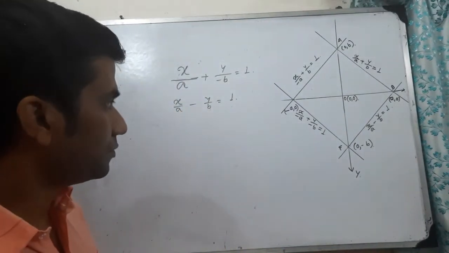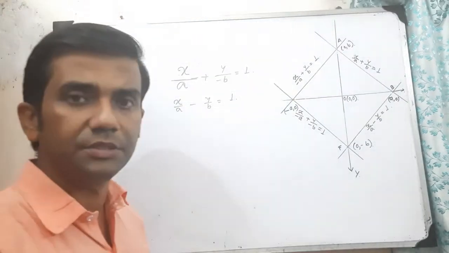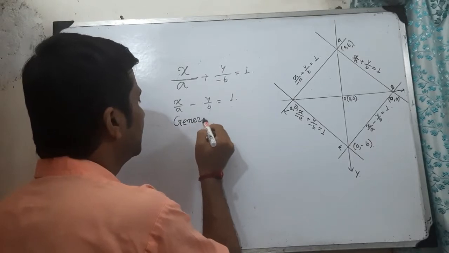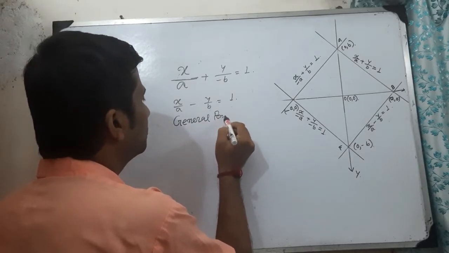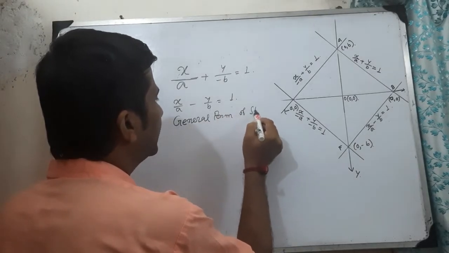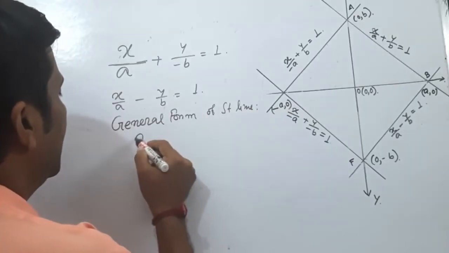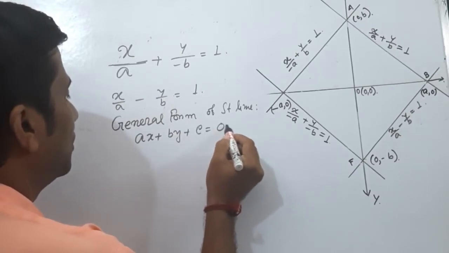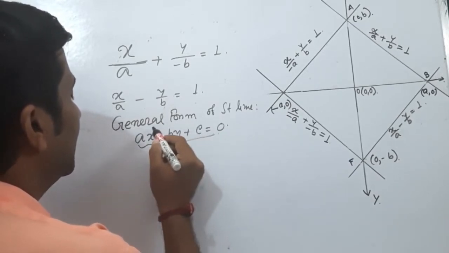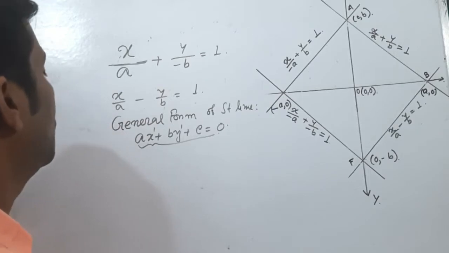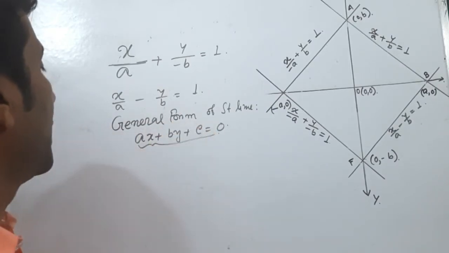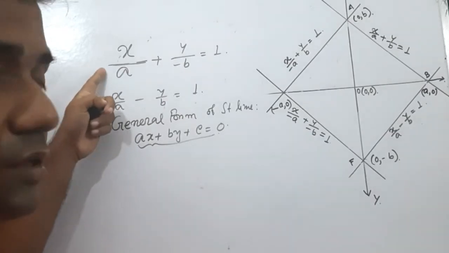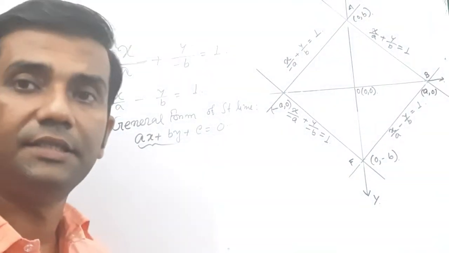Now we know that the general form of a straight line is ax + by + c = 0. This is always a linear equation, that means the degree of x and y is 1. Now any equation can be changed to this intercept form.